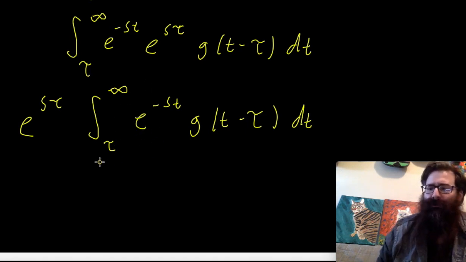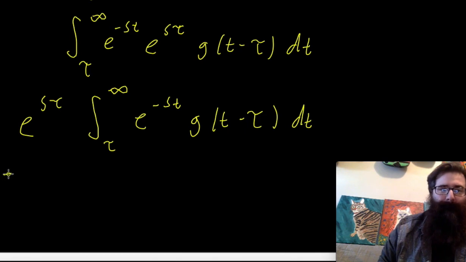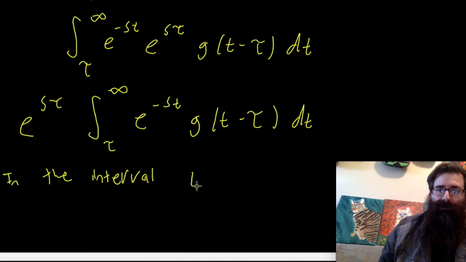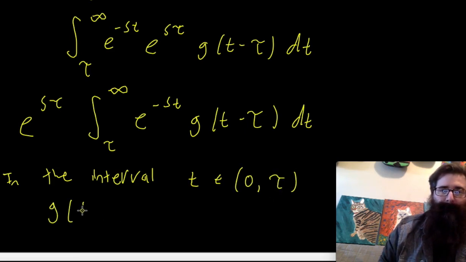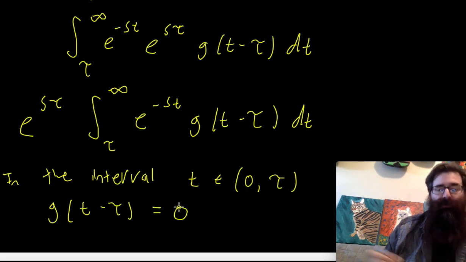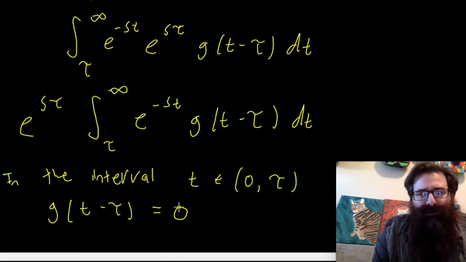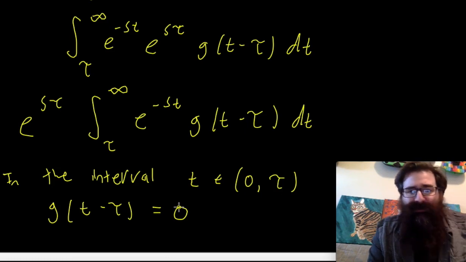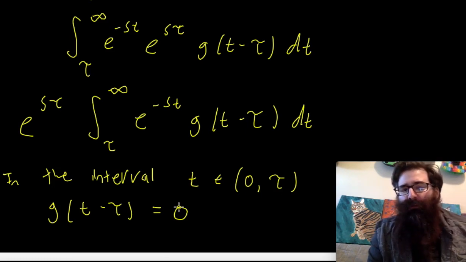So a comment that we could make is, in the interval where t is in the interval from 0 to tau, our function g of t minus tau takes on the value 0.